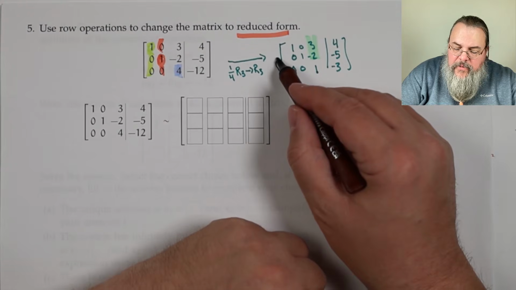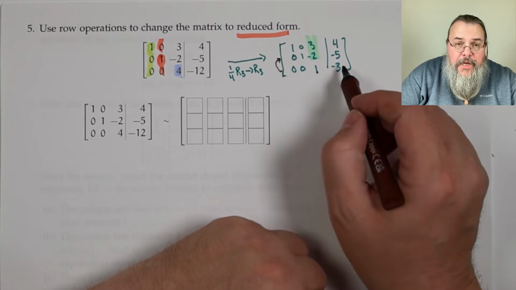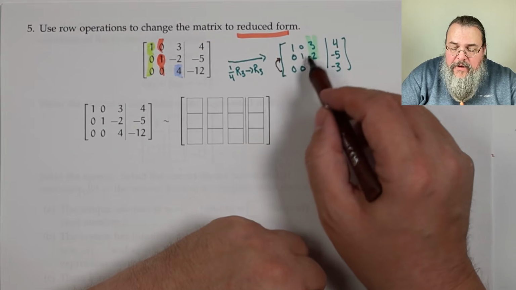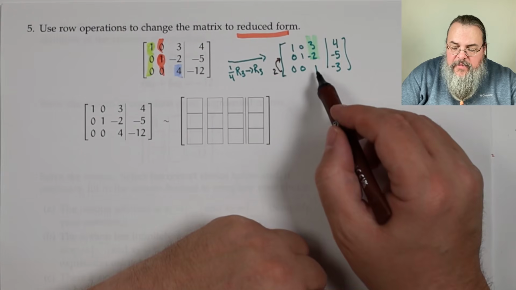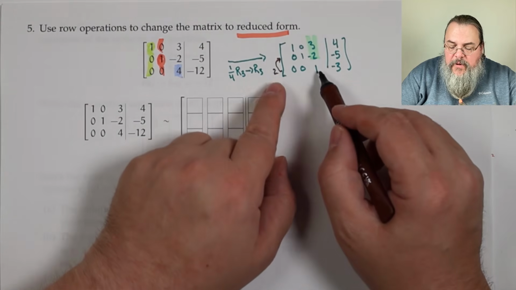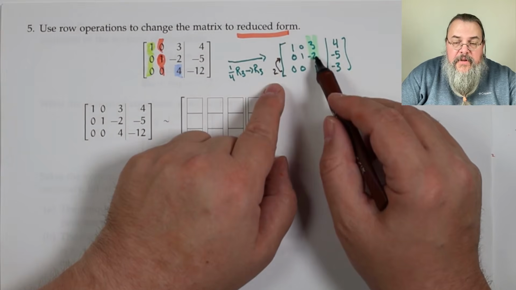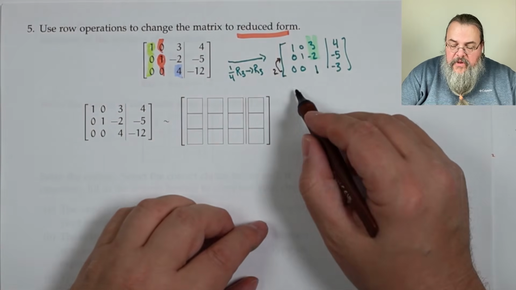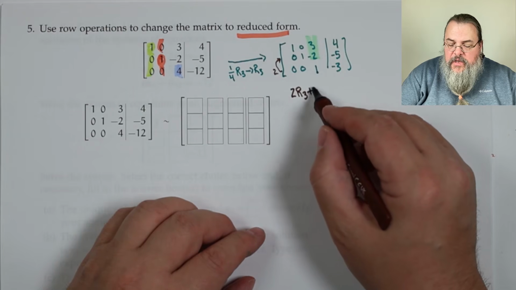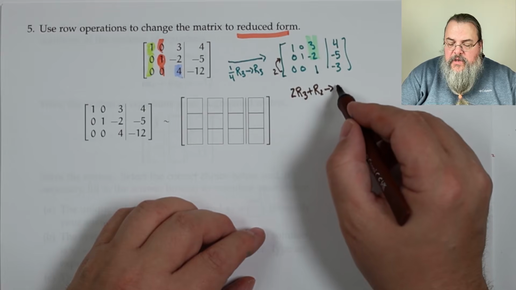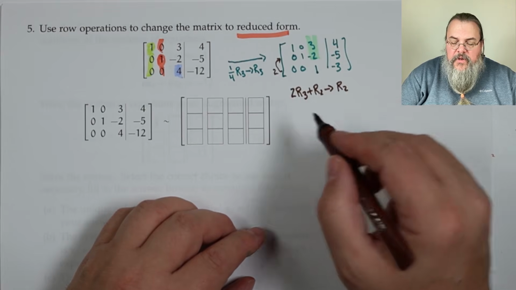I'm going to use row 3 to help knock out that entry in row 2. So I'm going to put a little 2 on the side just to help me remember. I'm going to multiply row 3 by 2 and add up. 2 plus negative 2 makes 0. So in terms of our notation, 2 row 3 plus row 2 is going to become our new row 2.